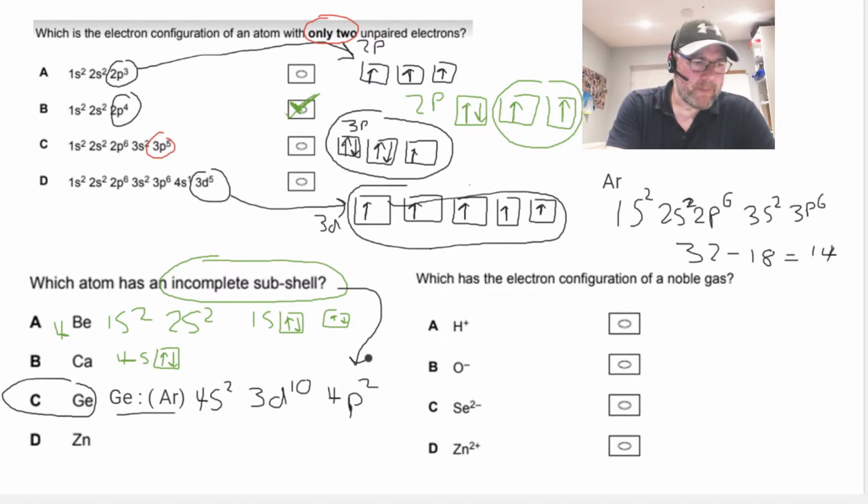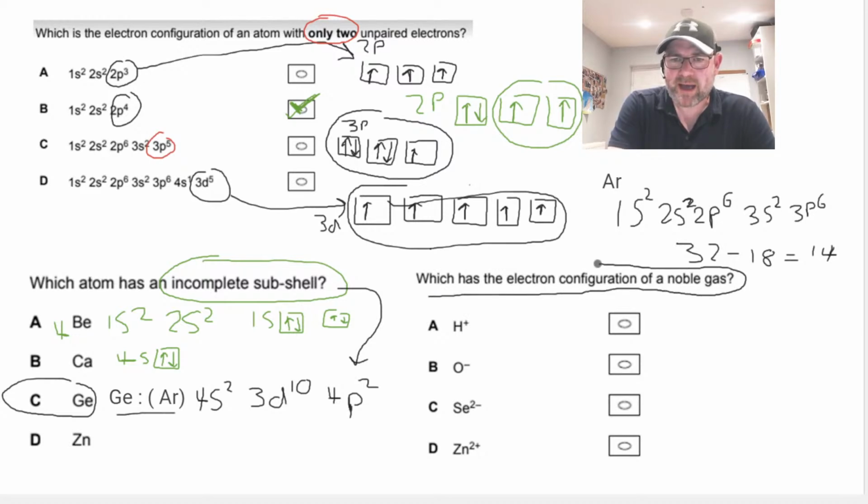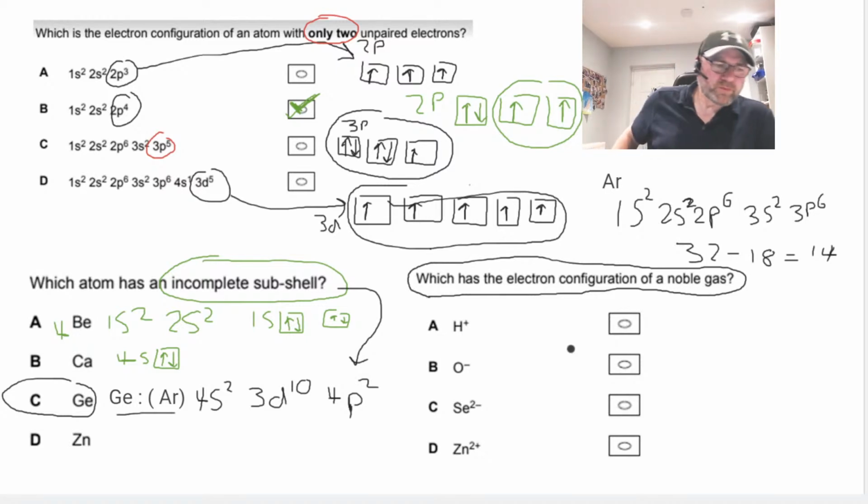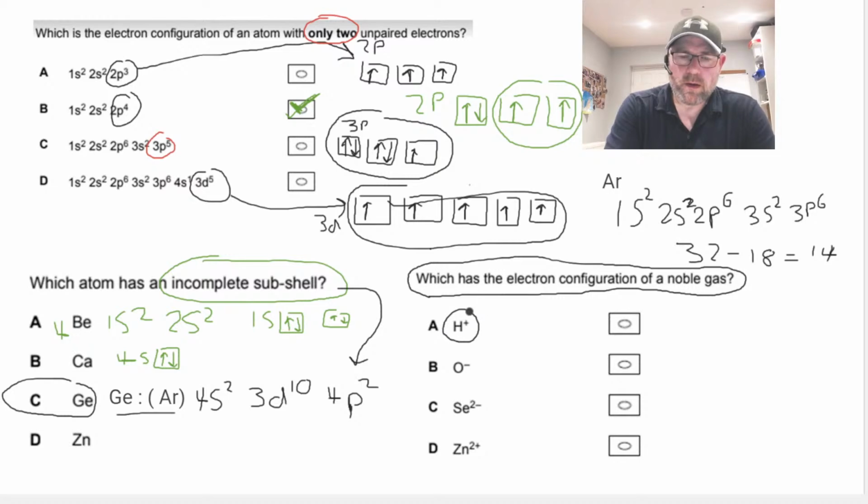No probs. And then this final one, what has the electronic configuration of a noble gas? Well, a hydrogen ion doesn't have any electrons. It's just a proton. So it's not that one.